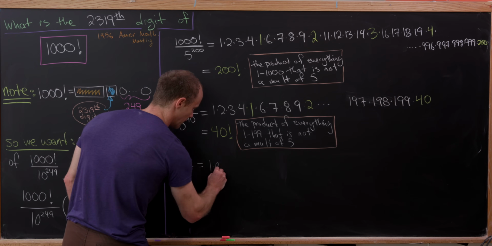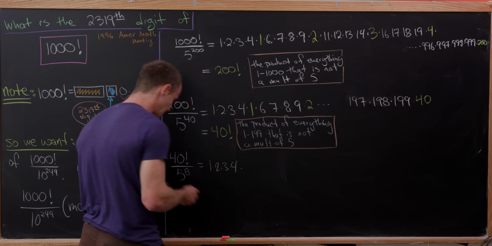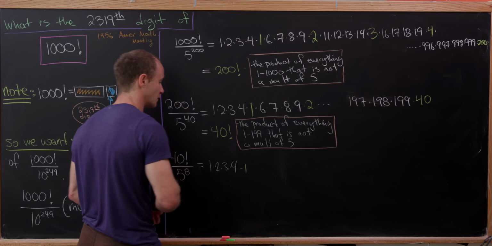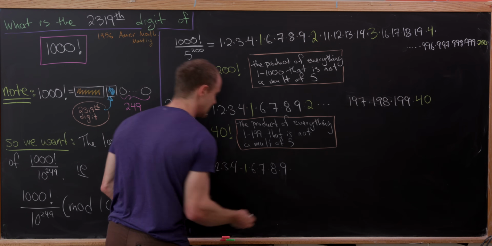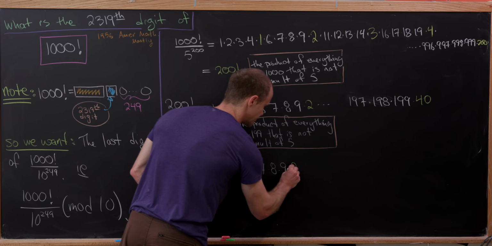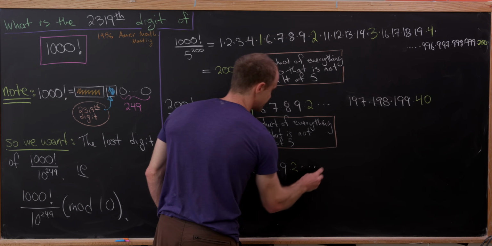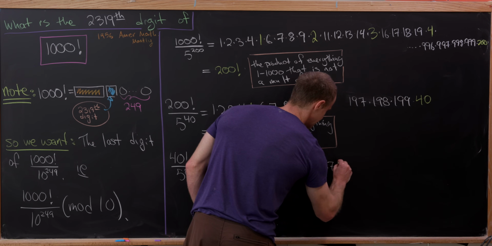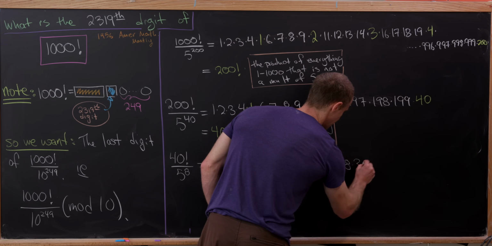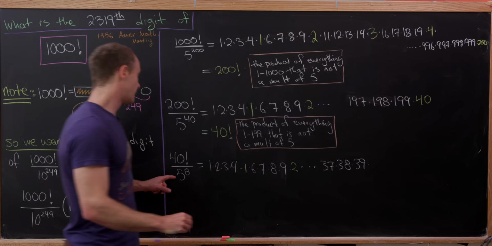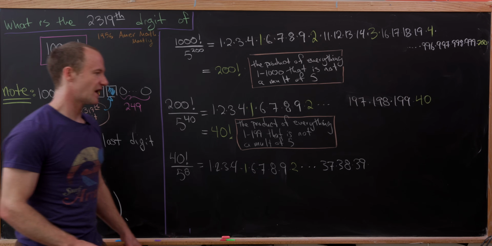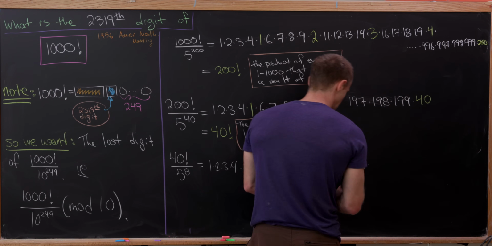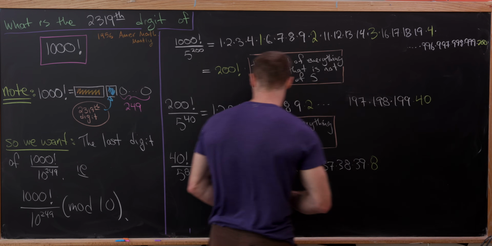That's going to leave us with 1 times 2 times 3 times 4 times, well, 5 divided by 5, which is 1, and then times 6 times 7 times 8 times 9 times 10 divided by 5, which is 2, and so on and so forth. That's going to end in 37 times 38 times 39 times 40 divided by 5, but 40 divided by 5 is 8. So there we've got this 8 left over.